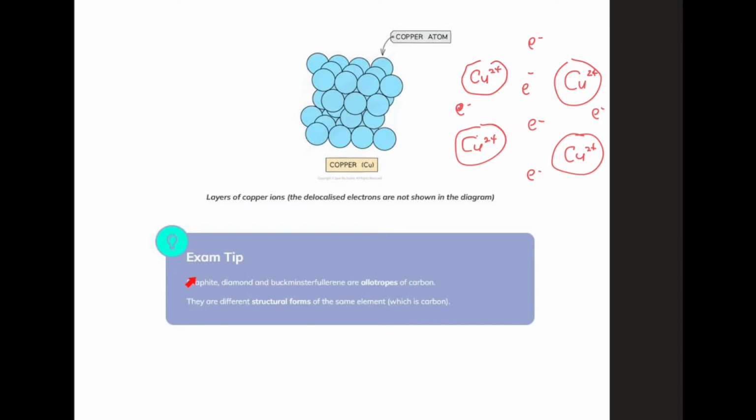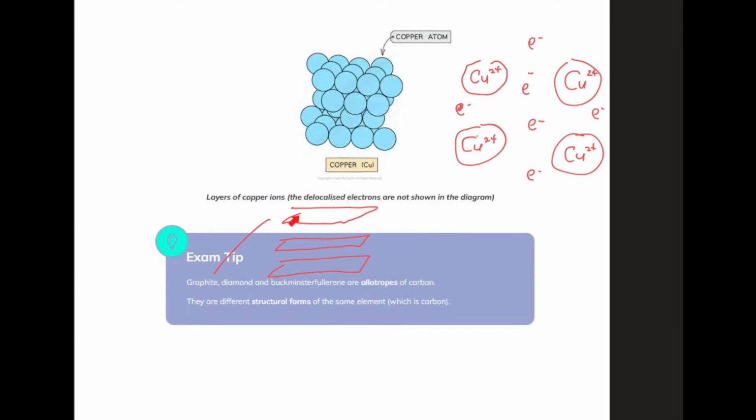We have one layer, something like this, one layer, one layer, and one layer. That is graphite, layer by layer.